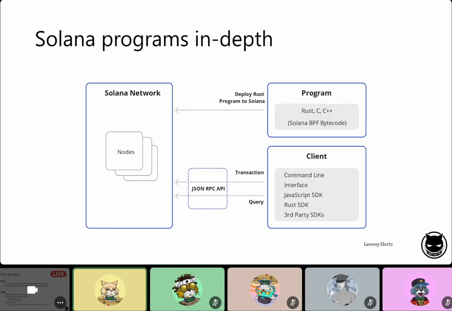Is it actually hitting the Solana network, or is it just hitting some fake web service pretending to be a Solana network? Because in this diagram, the clients are never talking directly to the developers that are writing the program, they're always talking to Solana. Again, that adds a level of security to the architecture.